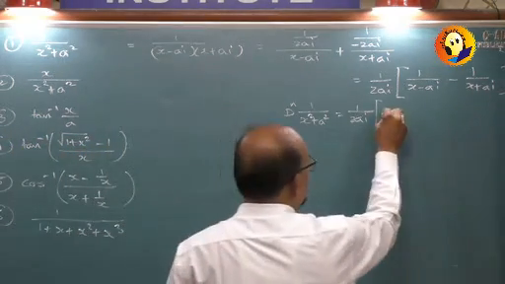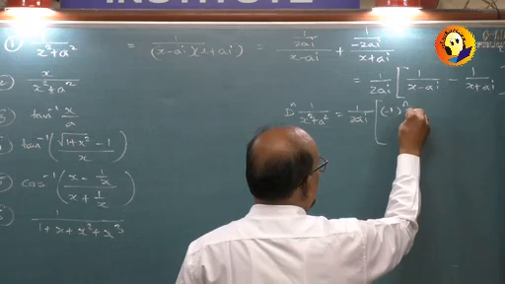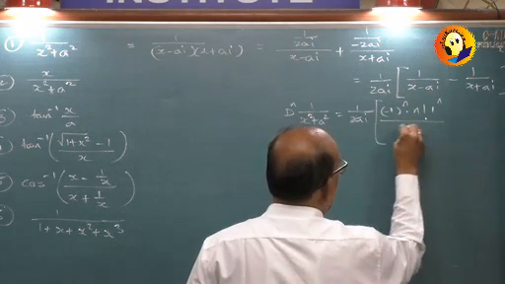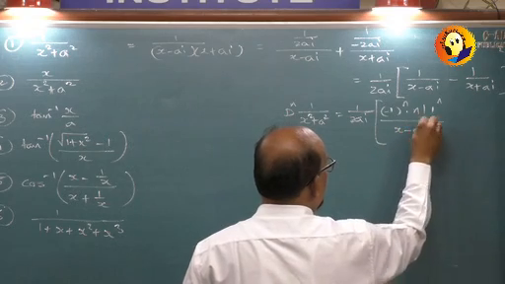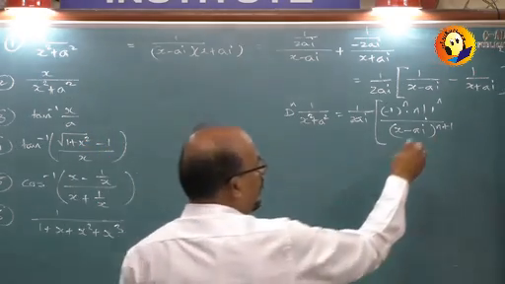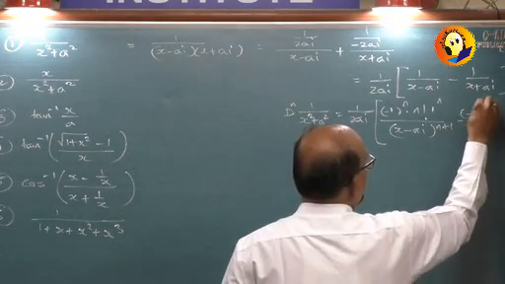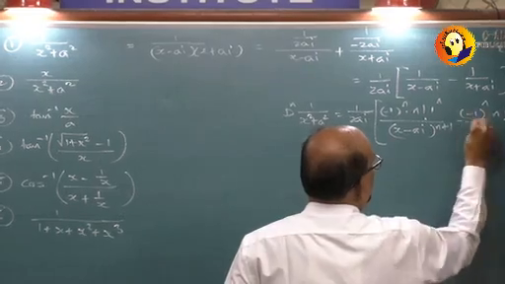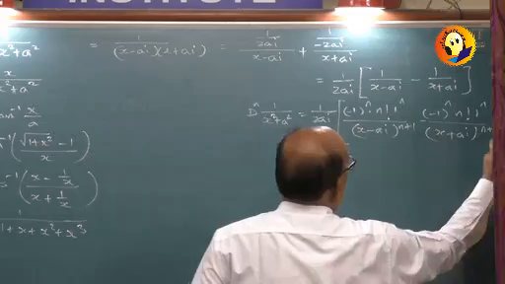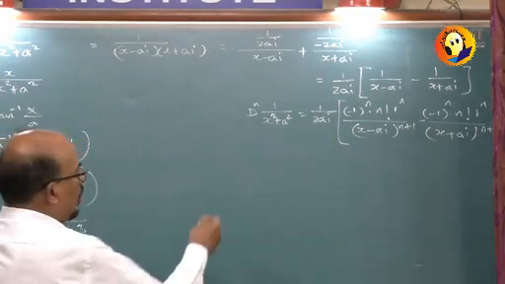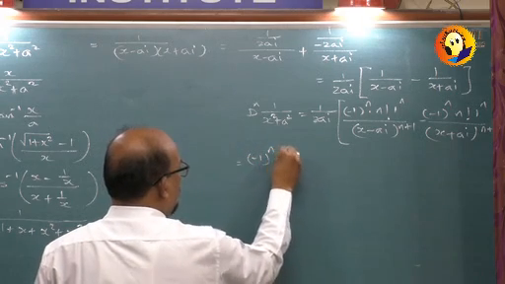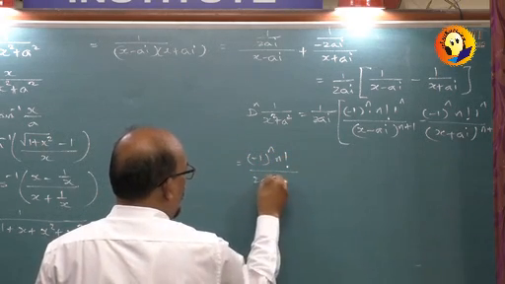So minus 1 raised to n into n factorial into 1 raised to n upon x minus ai raised to n plus 1, and this will be again minus 1 raised to n, n factorial, 1 raised to n upon x plus ai raised to n plus 1, which we can take further as minus 1 raised to n taken common, n factorial taken common upon 2ai.